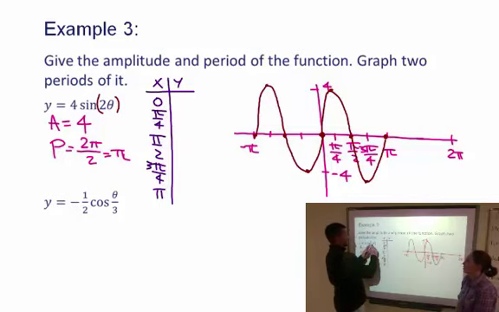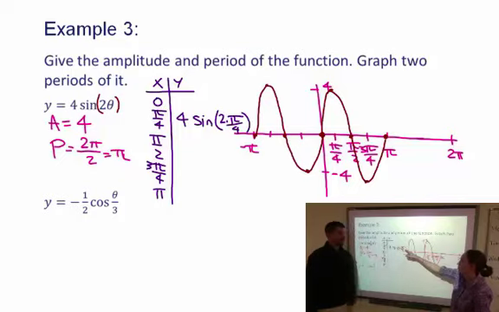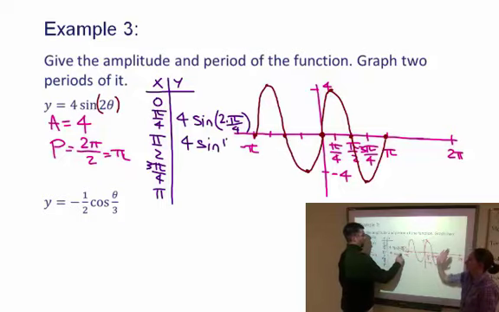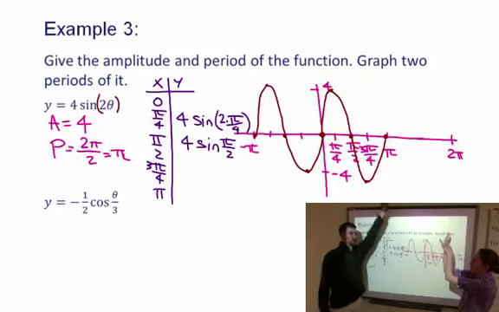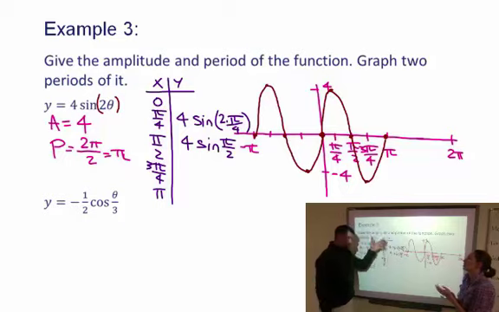When we look at pi over 4 here, if I have 4 sine of 2 times pi over 4, what does that become? You cancel the 2's out, and that's pi over 2. So sine of pi over 2 is 1, and 1 times 4 is 4, and that's how we got that point. So that's the old school graphing situation.